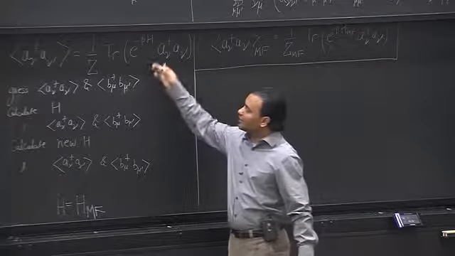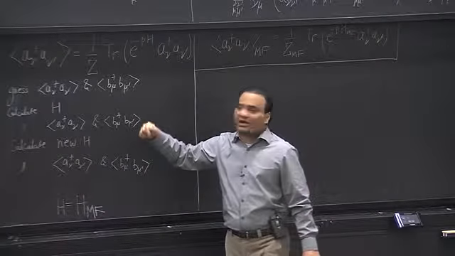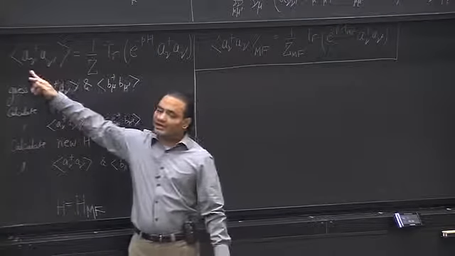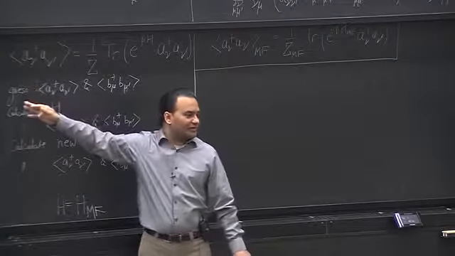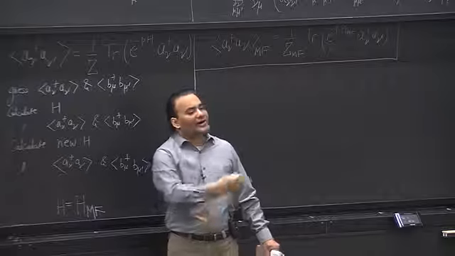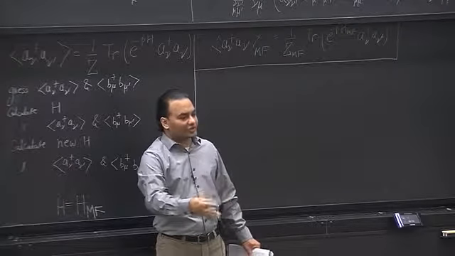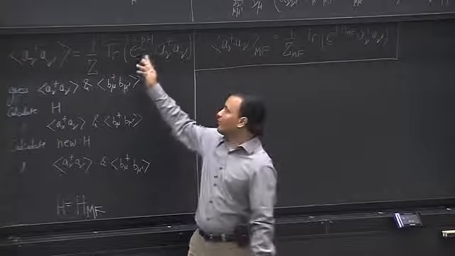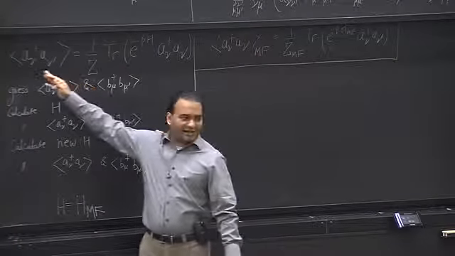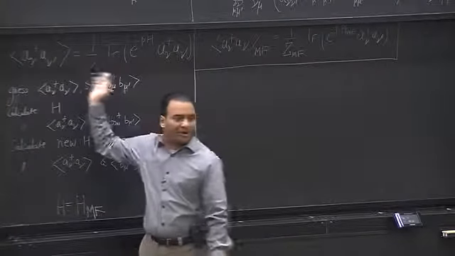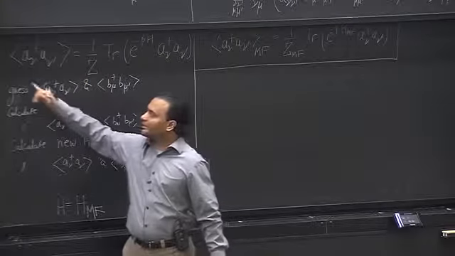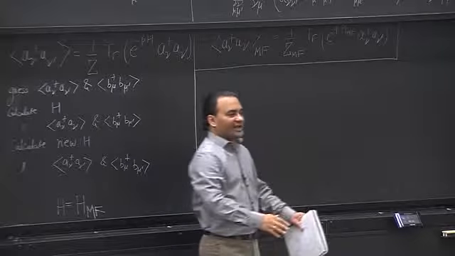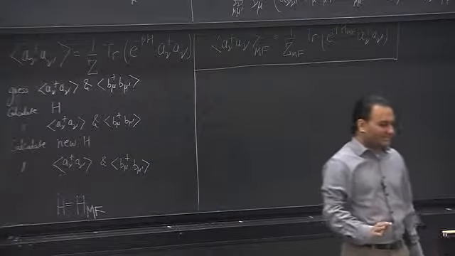At zero temperature, what you are essentially doing is calculating this expectation value in the ground state. For the next one or two lectures, we are going to do T equal to 0, so we won't use this formula. At ground state, we will just have a string of operators and we calculate the expectation value in the ground state. So the zero temperature case is much easier.